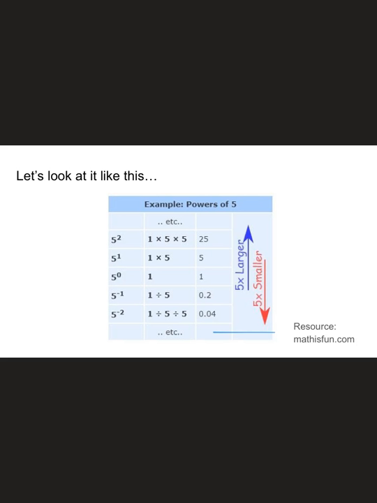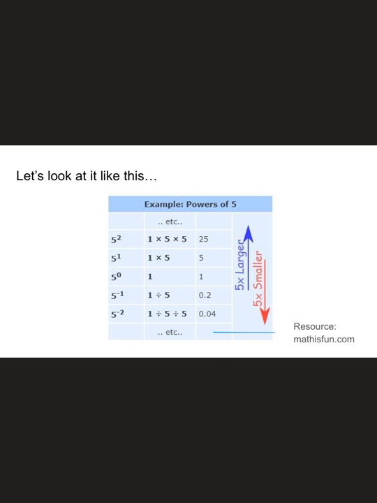It's exponential, right? We learned about this. I'm sure on the news, you've seen exponential cases of COVID and things like that. It gets bigger and bigger by powers of 5. And we can also, down here, get smaller and smaller. Same way, exponential decay. We're going to learn about that later. So 5 to the negative first power is 1 divided by 5, which is 0.2. 5 to the negative second power is 1 divided by 5 divided by 5.